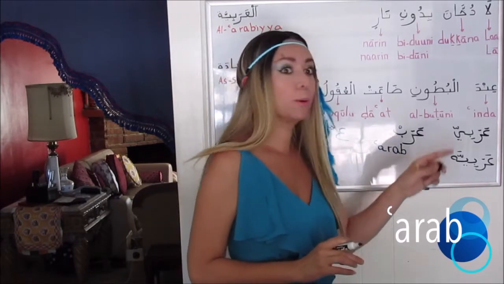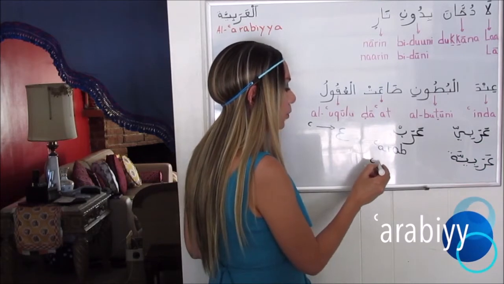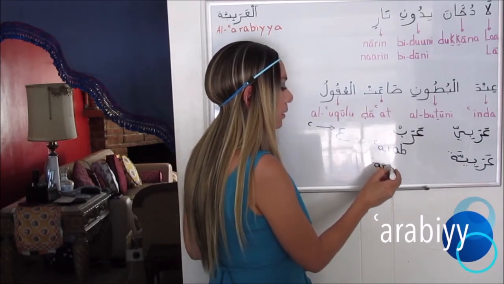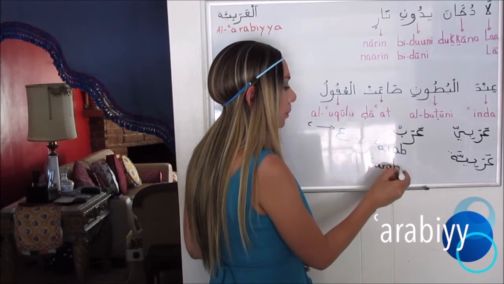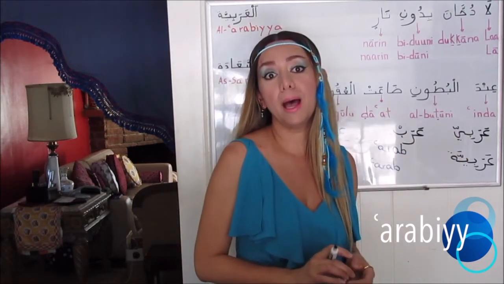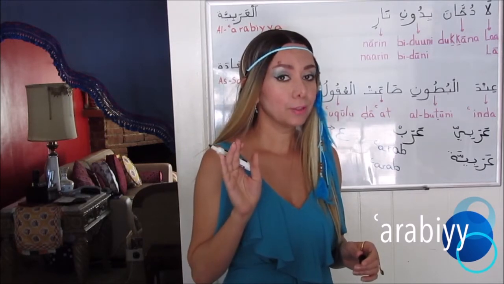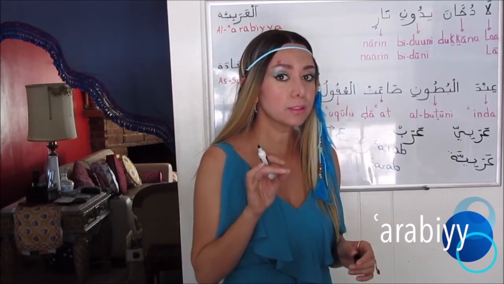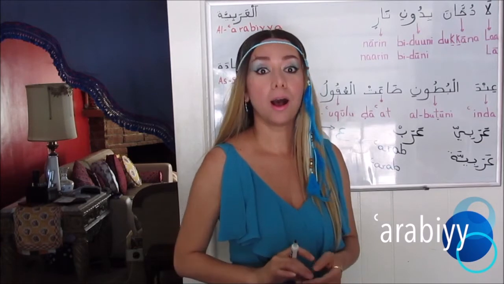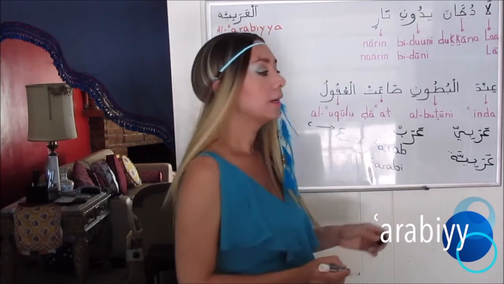عرب. What about عربي? So عربي would be عرب, but we have a kasra that follows the ba. And the kasra comes with the sound of E. And for this purpose, we use the letter I. Arabi.